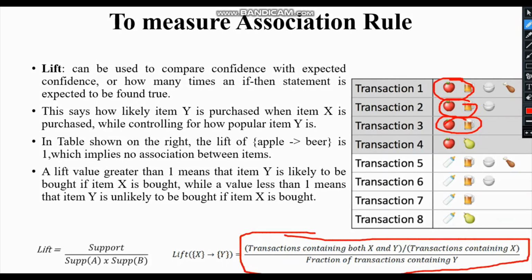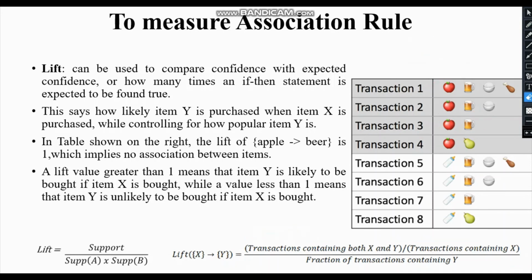Okay, so if you follow this formula, you can easily get this. The transactions containing both X and Y is 3, divided by the number of transactions containing X. So your product X is apple, 3 by 4, divided by the fraction of transactions containing Y. That is how popular your item Y is. If you check your item Y here, 1 2 3, 1 2 3, that is 6 times.